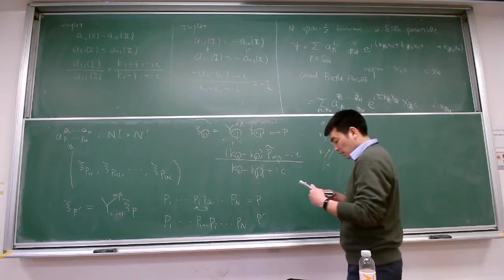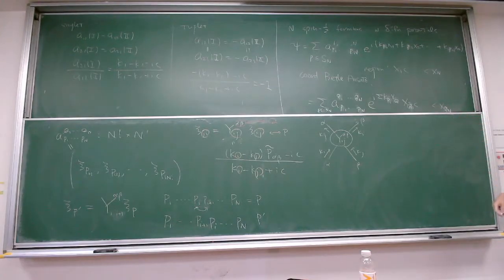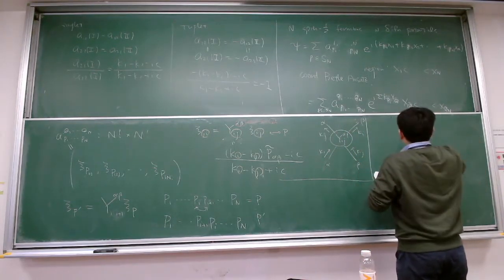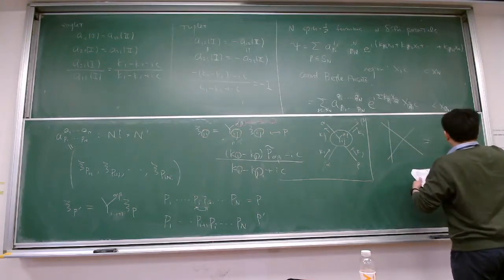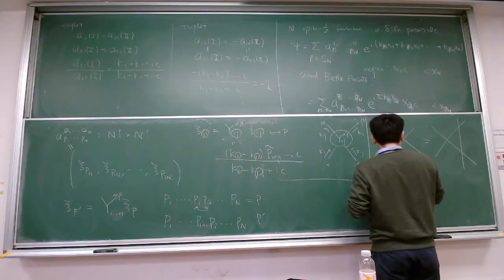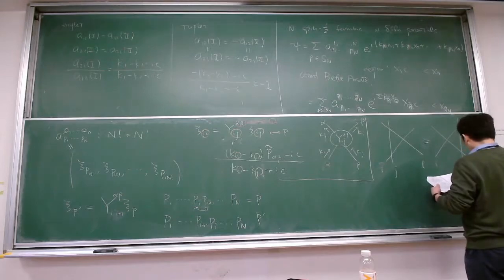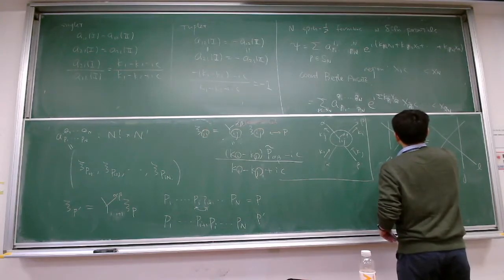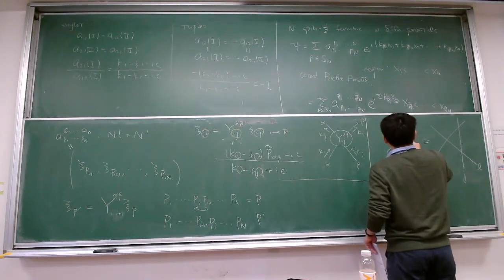In fact, in order for this coordinate Bethe ansatz to work, we need to impose the following condition: this matrix is equal to this matrix, with indices i, j, and l, and insert this Y matrix.